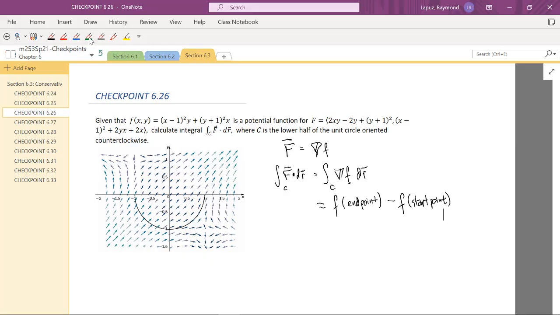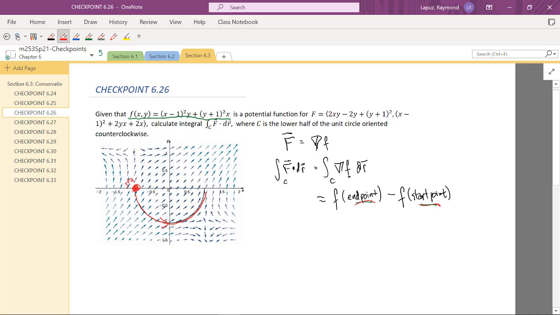And since we have our potential function already given to us, we simply need to figure out what our start point and our end point are. So the start point, if this is going counterclockwise, means we're going in this direction. This will be the start point, and this would be the end point.